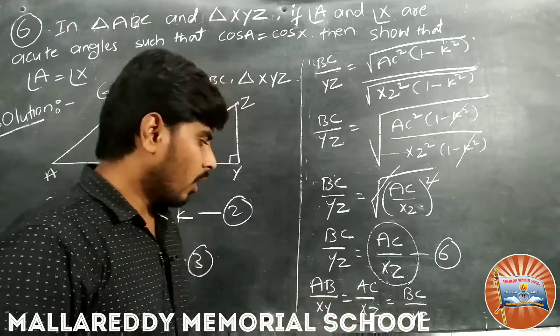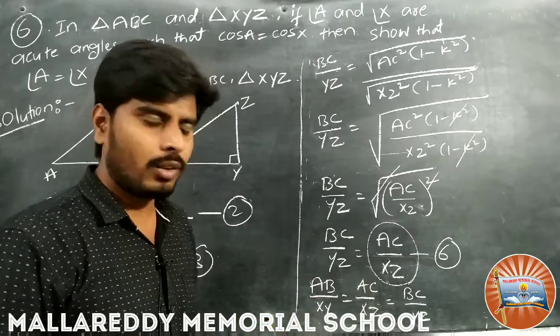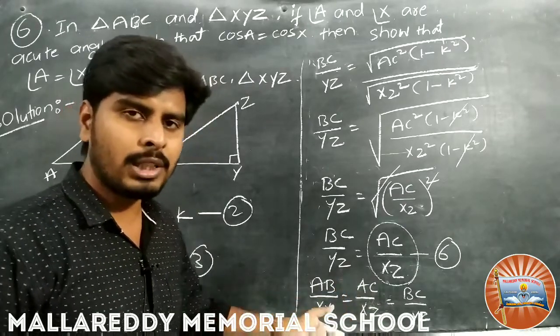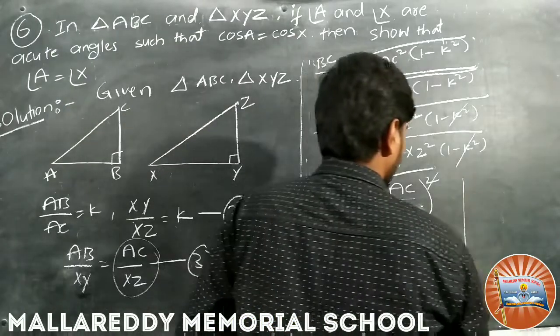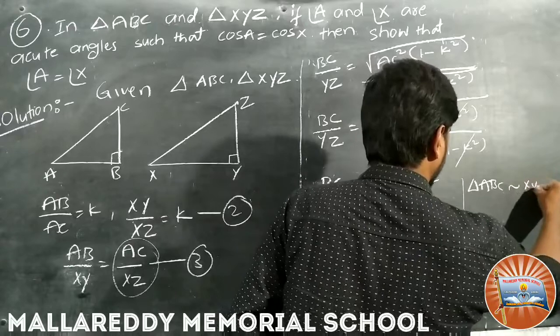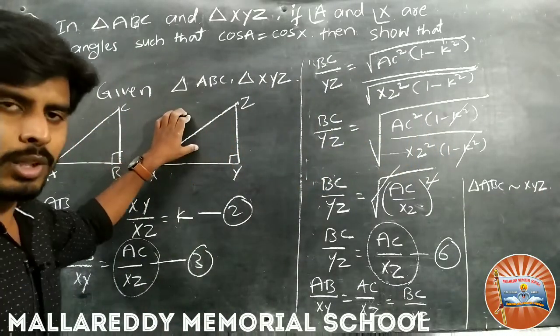It means all the corresponding sides ratios are equal, isn't it? It means triangle ABC is similar to triangle XYZ. These two triangles are similar.